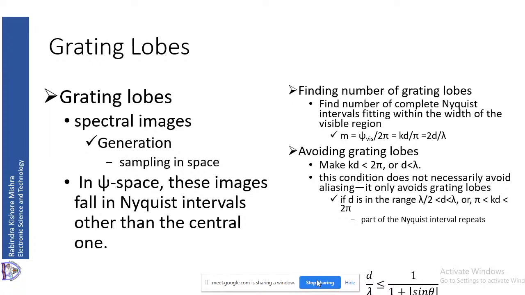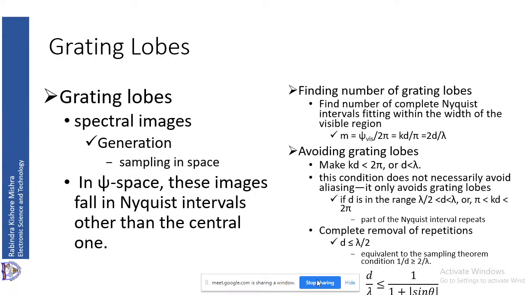But this is part of the Nyquist interval repetition. Now for complete removal of repetition, d has to be less than lambda by 2. But I will tell you something else. As I told you already, we get no grating lobes in the broadside. The total space we can divide into the range broadside to end fire.